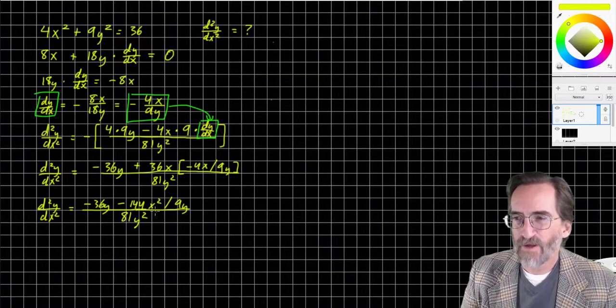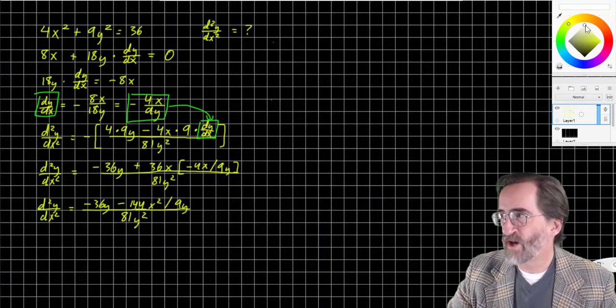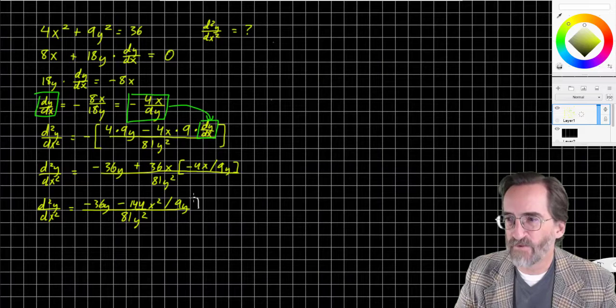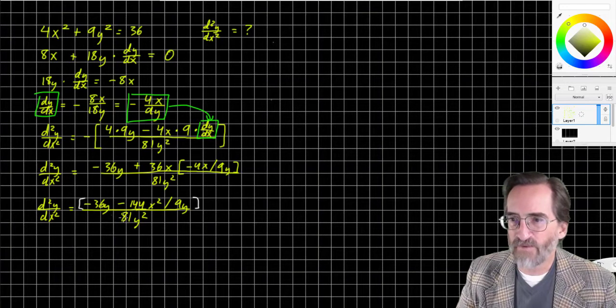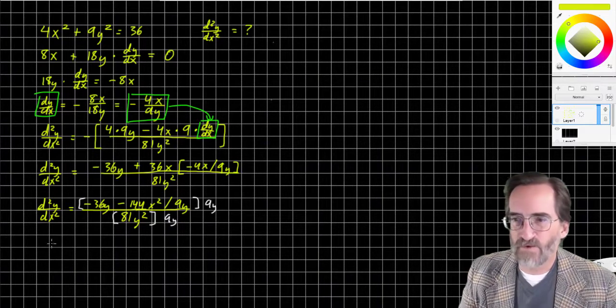Now we have a complex fraction, so the way we remedy that is we multiply top and bottom of the fraction by 9y.